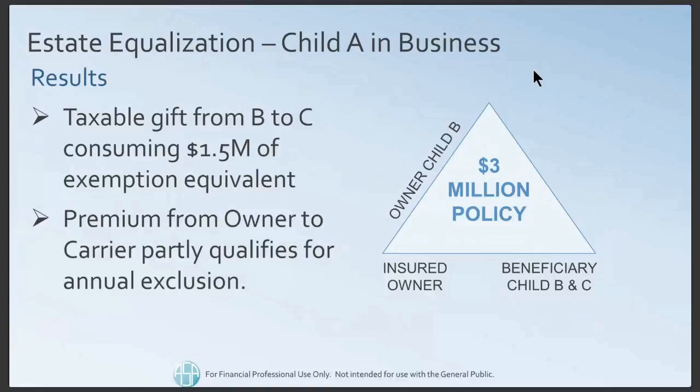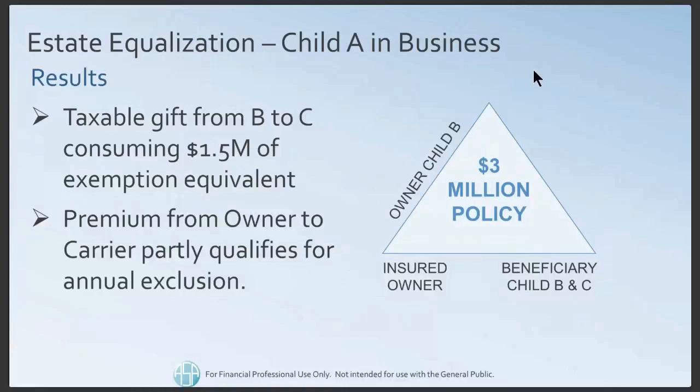So what happens there? Well, at death, it's considered a taxable gift from child B to child C for half of that death benefit, or 1.5 million. And that consumes part of Child B's lifetime exemption equivalent. You may not think that's a big deal because right now the exemption is about 11 million a person.